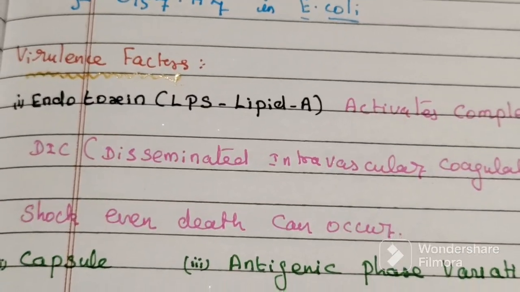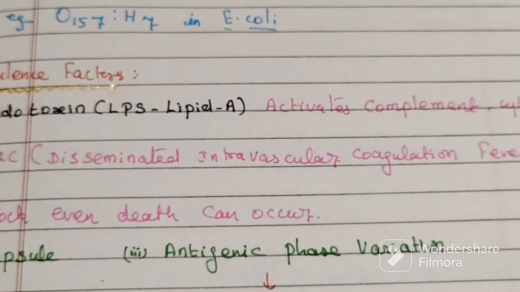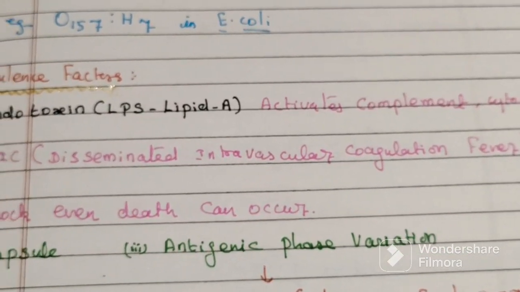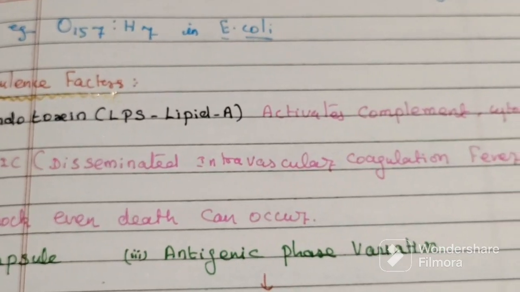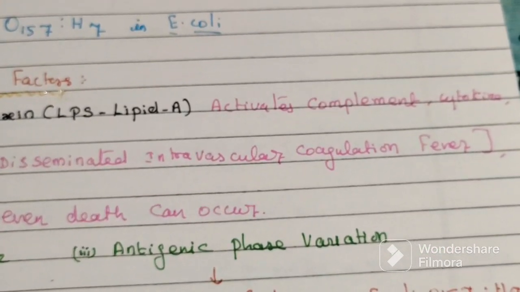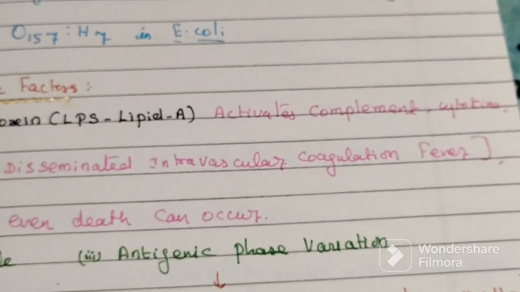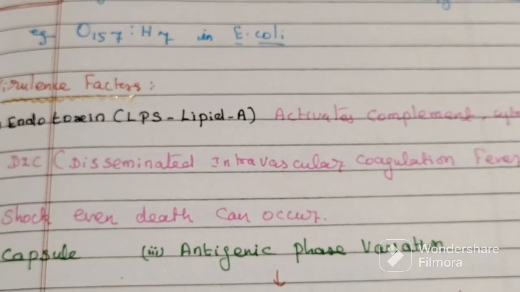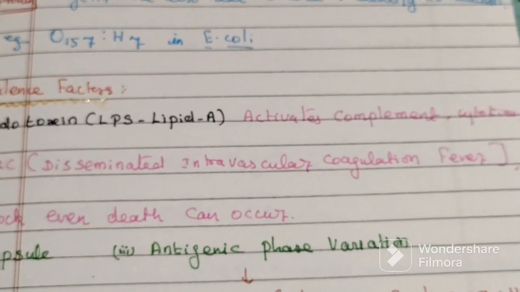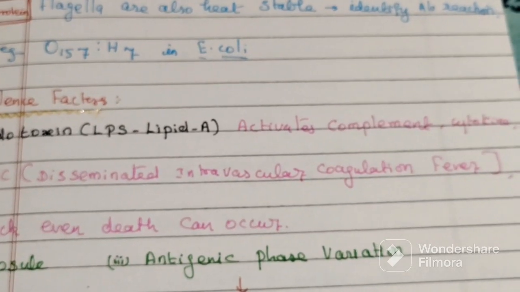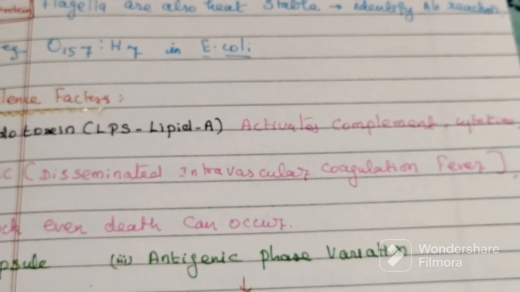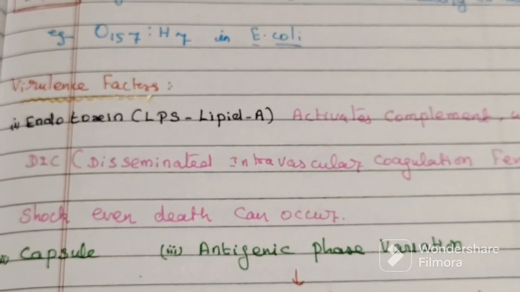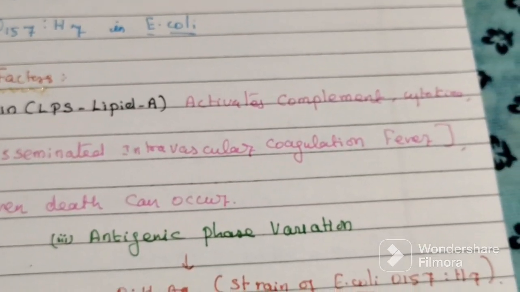Some virulence factors are shared across Enterobacteriaceae and even across gram-negative organisms. Endotoxin, the lipid component of LPS, activates complement and increases cytokines, causing leukocytosis and thrombocytopenia. With a high endotoxin amount, the patient can experience DIC, disseminated intravascular coagulation.